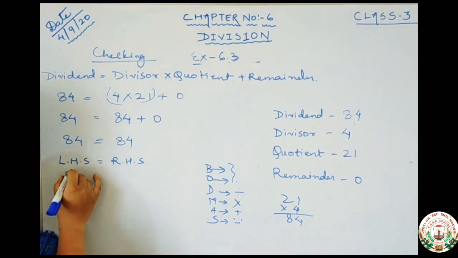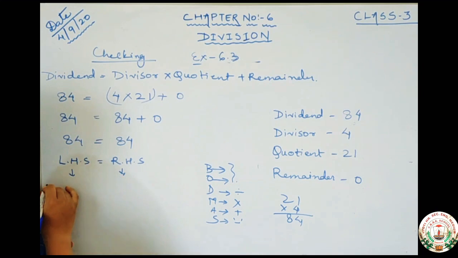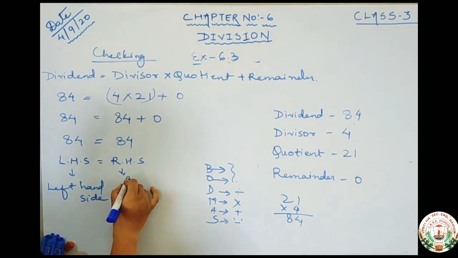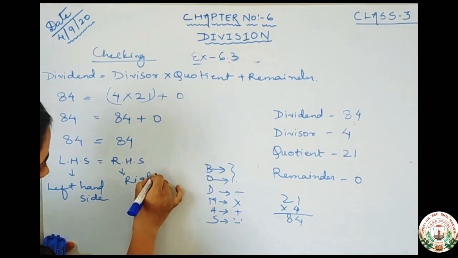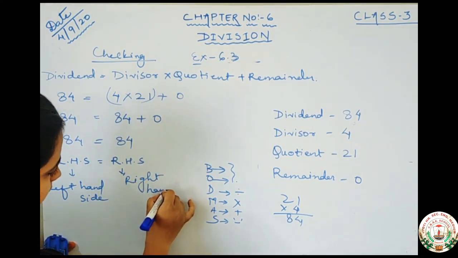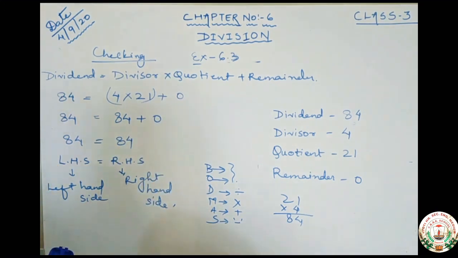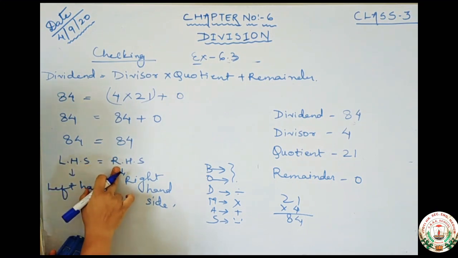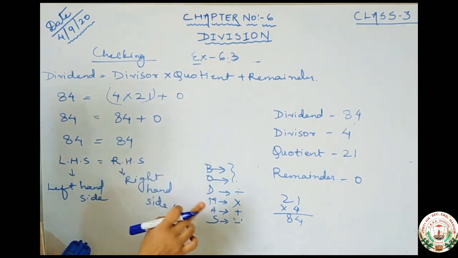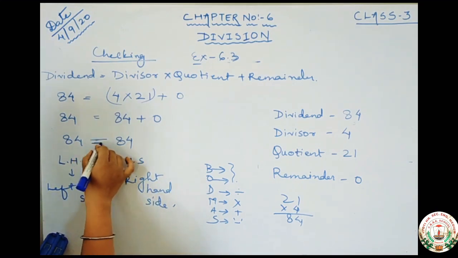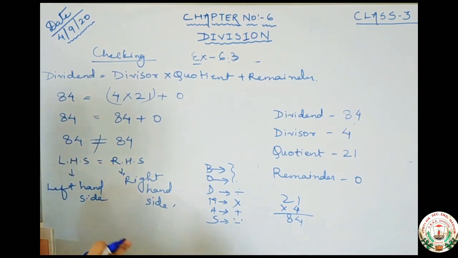Now what do you mean by LHS and RHS? LHS is left hand side. RHS is right hand side. So when these two become equal, it means that your division is accurate, your division is correct. If these two are not equal, it means there is some mistake, your division is not accurate.